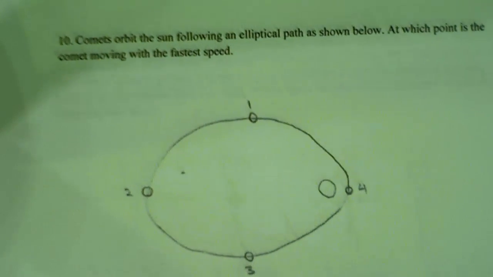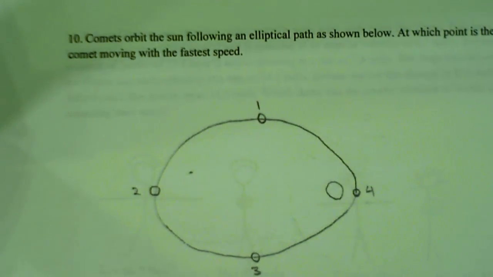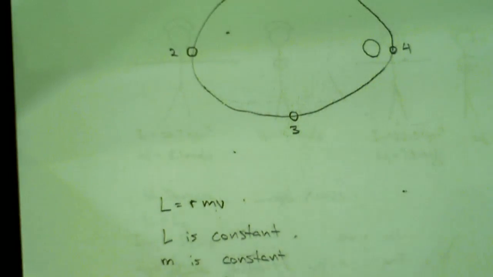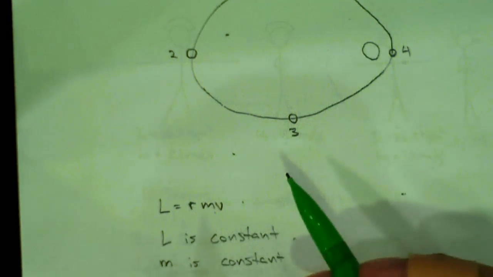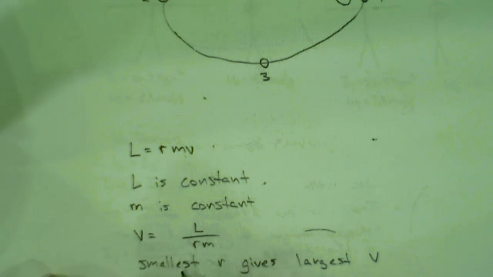All right, so like I said, this has to do with conservation of angular momentum. And so the equation for angular momentum is R cross P, which is linear momentum. So R times M times V, right? So L is constant because it's being conserved. M is constant because the comet's not gaining mass. R and V are changing though. As we move across the path, R is changing, which causes V to change. So if we solve for V, we have L over Rm.